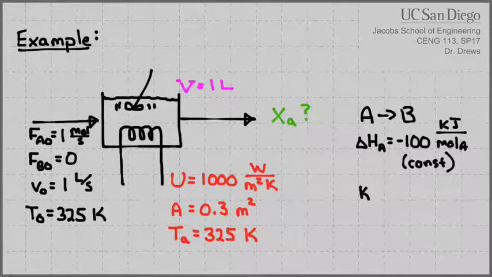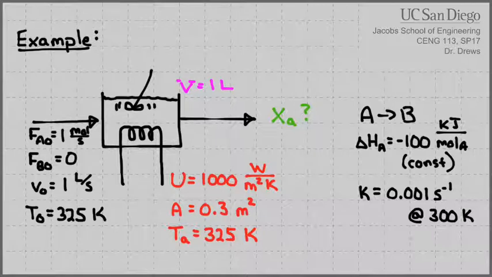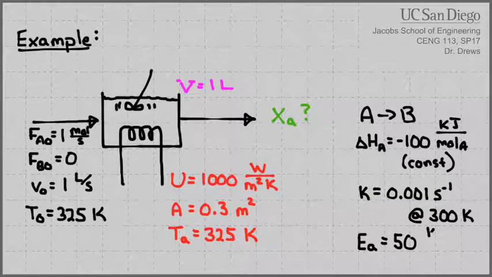There will be one variation, which is our rate constant K is 0.1 inverse seconds. This is at 300 K, so we're going to let this one vary a little bit. And our activation energy is 50 kilojoules per mole.